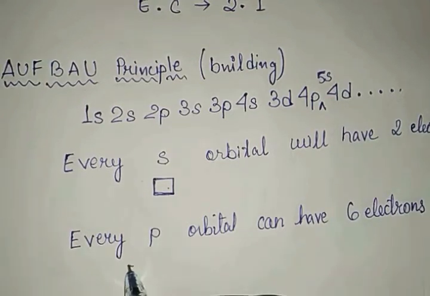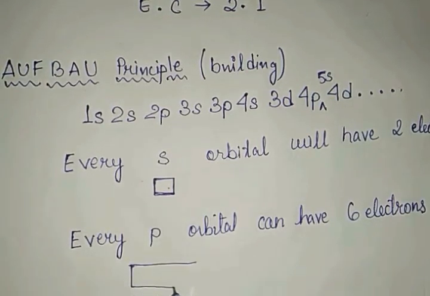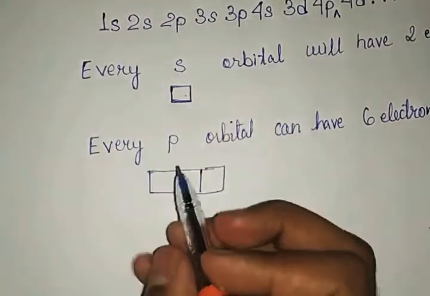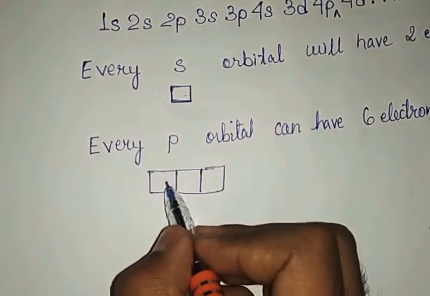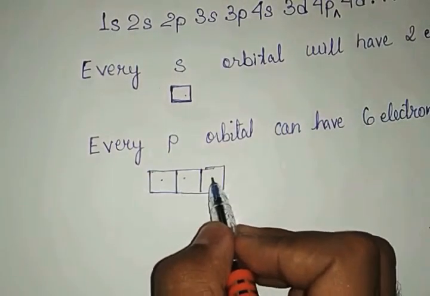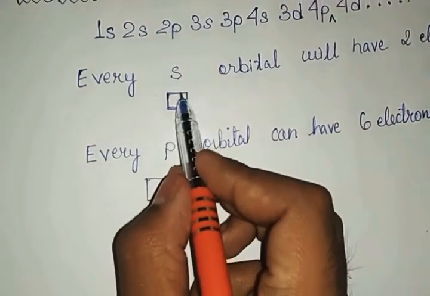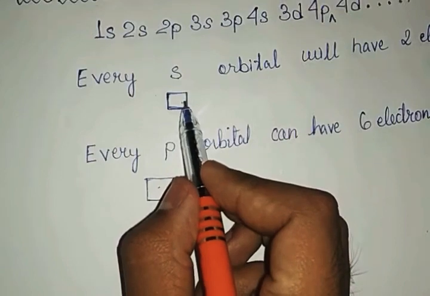This p has 3 suborbitals in this way. In one square, only 2 electrons can go. Means for p here 2, 2, 2. In total, it can accommodate 6 electrons. In s, it will have 2 electrons.